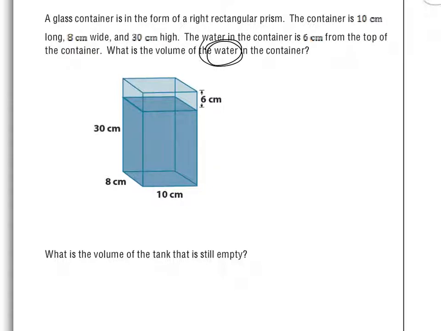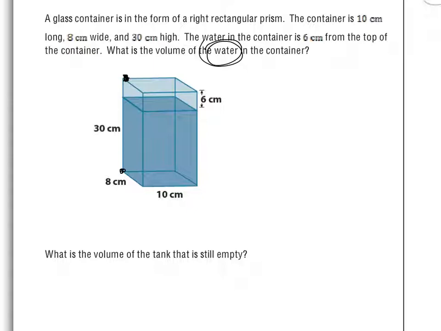Alright, so they've done a really nice job for you modeling this particular problem. It tells you that the whole container is 30 centimeters high. So when we're talking about this 30 centimeters, it goes all the way from the top all the way to the bottom. And we're only asked here for the volume of the water.